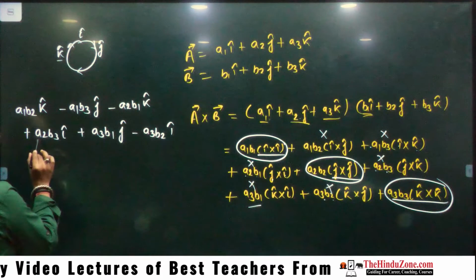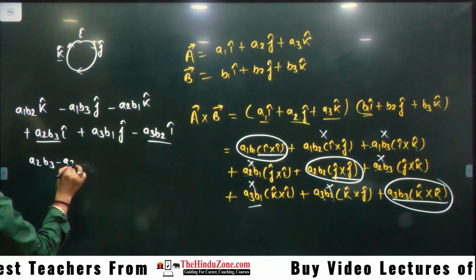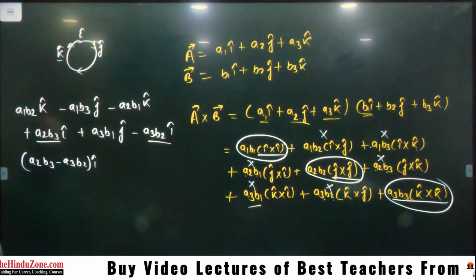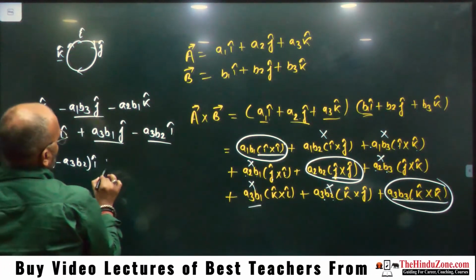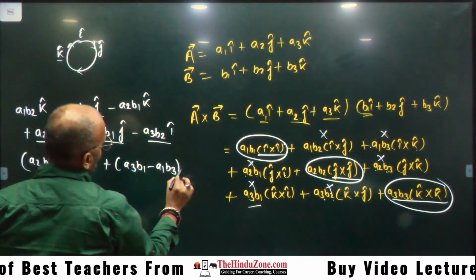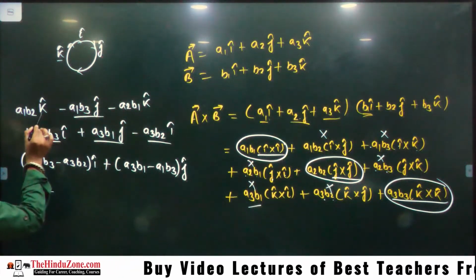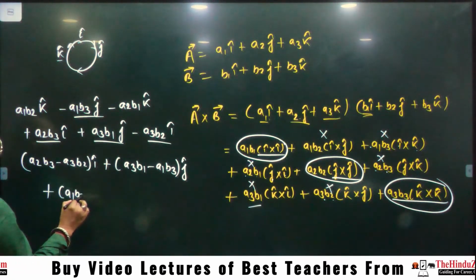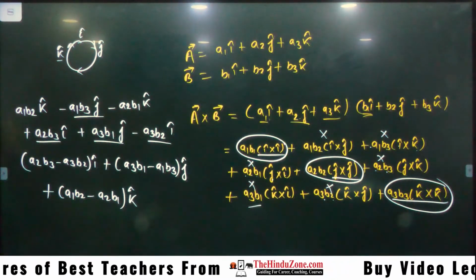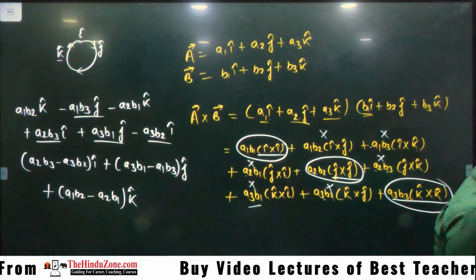So A2 B3 minus A3 B2 I cap, plus A3 B1 minus A1 B3 J cap, and A1 B2 minus A2 B1 K cap. That's your answer. Everyone got it? Very good.